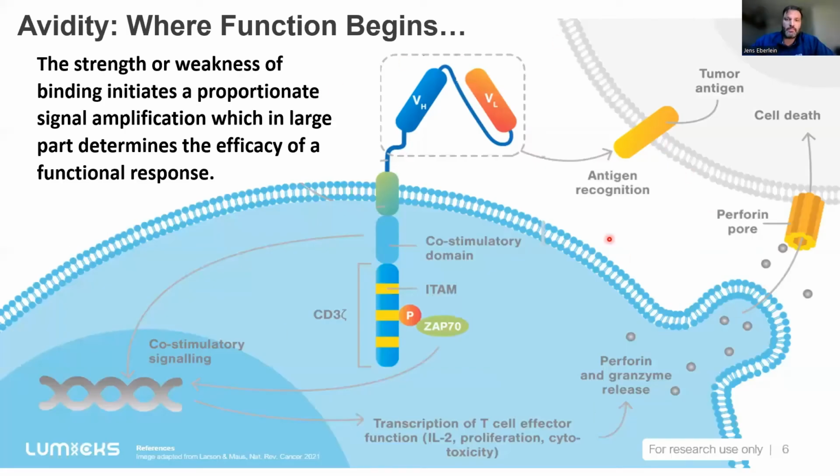I don't need to go over this too much, but while the effector cell is engaging with its target cell, we have numerous processes going on in sequence and also in parallel. What is really important here is that the strength or weakness of the initiating binding event between your effectors and targets amplifies the signal and determines what happens downstream.